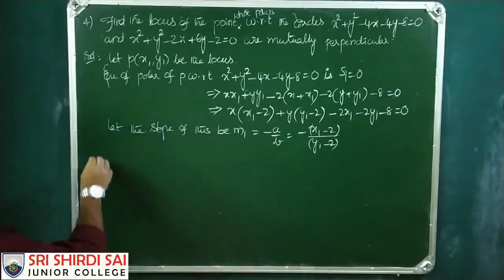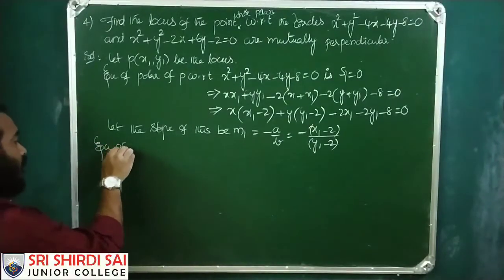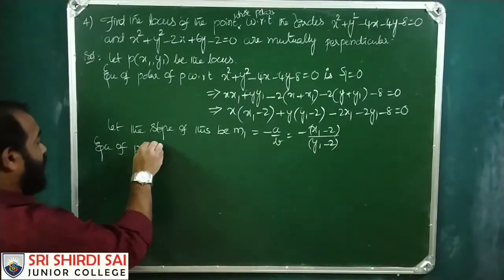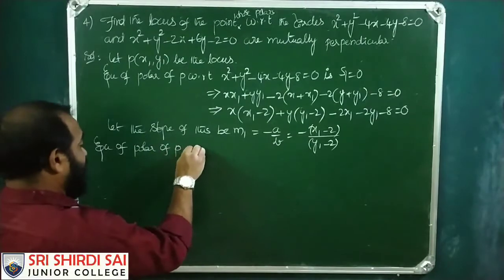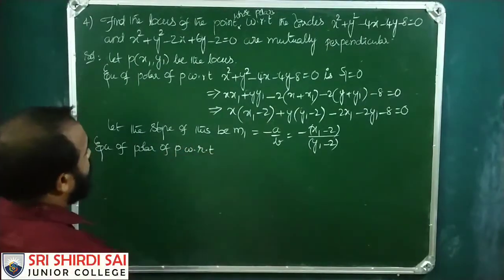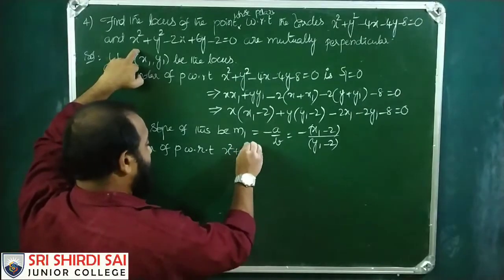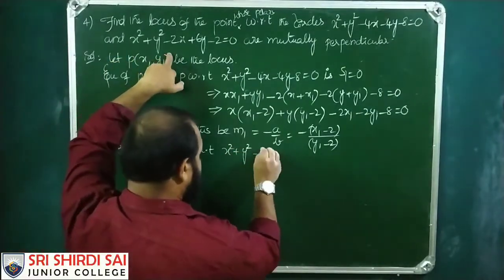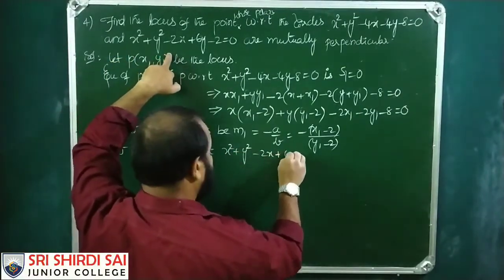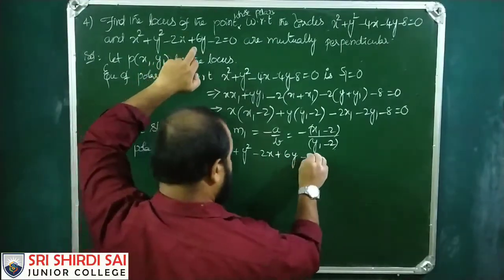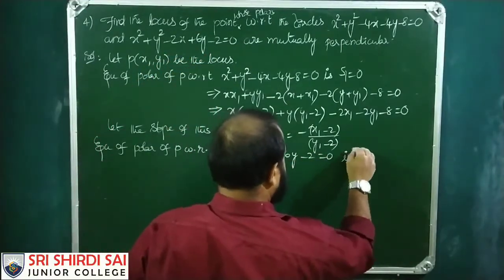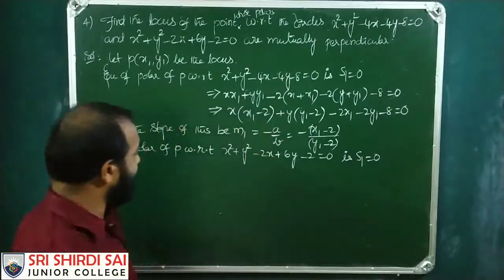Likewise, the equation of the polar of P with respect to the other circle, x square plus y square minus 2x plus 6y minus 2 equals 0, is S1 equals 0.